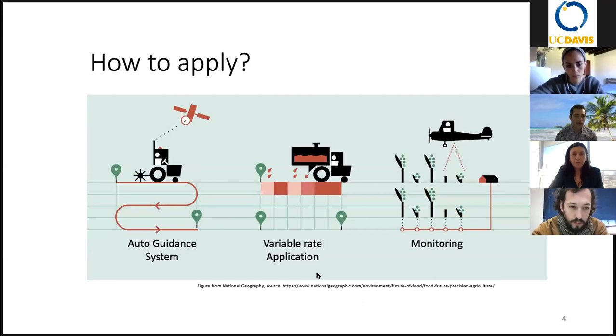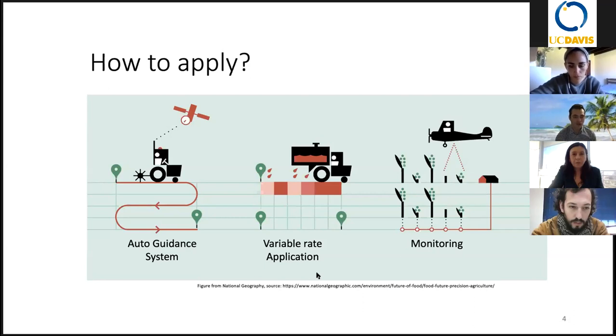Okay, so now we know what's going on in the orchard by collecting data and interpreting it. Now it's time to apply inputs in a site-specific or precise manner. If we know that some part of our vineyard doesn't need, for example, nitrogen, we don't need to apply an excessive amount of nitrogen. That would contaminate the soil and water, and that would have a negative impact on the yield.